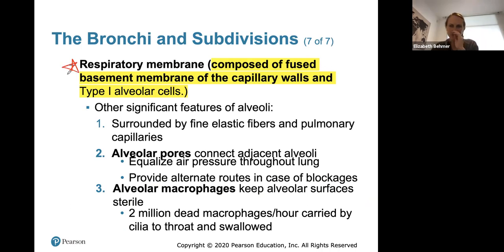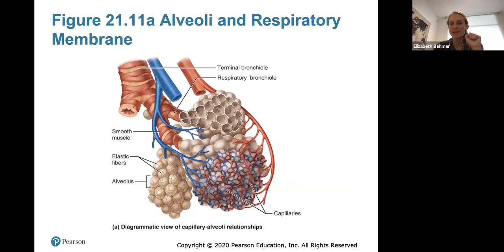Other significant features of alveoli are shown there. We have some macrophages to keep everything clean and sterile. Alveolar pores can connect adjacent alveoli together. So here's again a look at the terminal bronchiole, which is the end of our conducting zone.